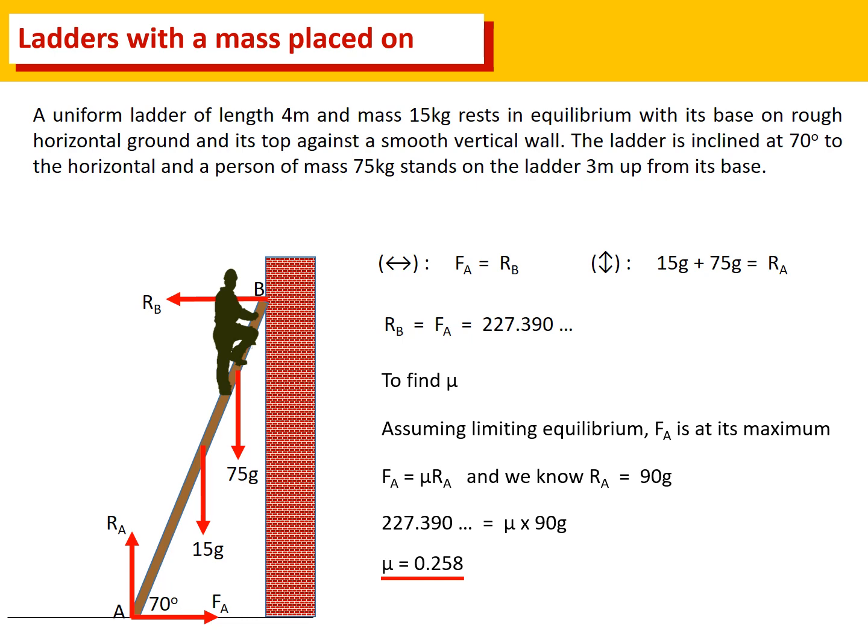So I hope that makes sense to you. In terms of ladders, we resolve horizontally, we resolve vertically, and we can take moments about any point. And the best point to take moments about is where you've got some unknowns. Take moments about that point, because the unknowns are eliminated because they don't have a moment if they pass through that point.